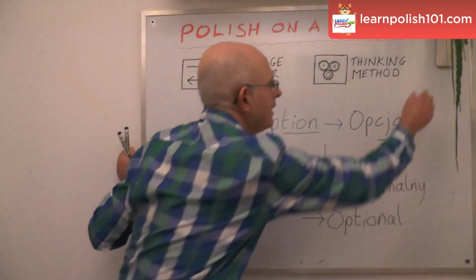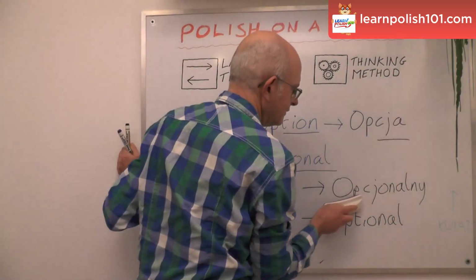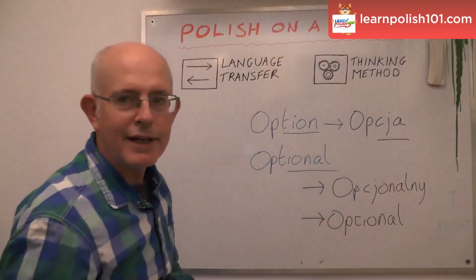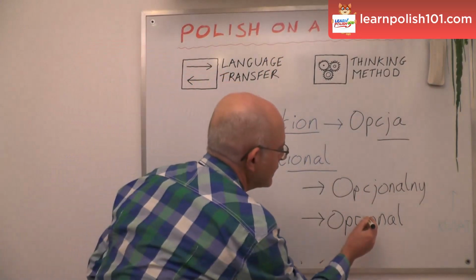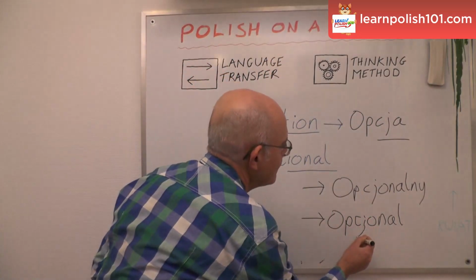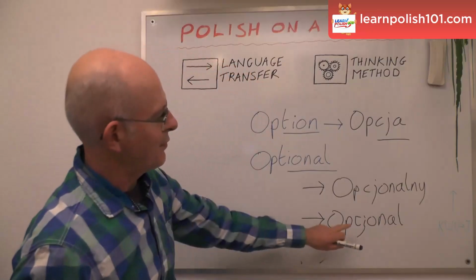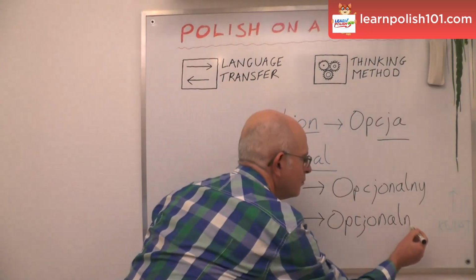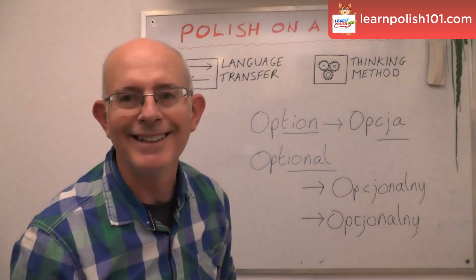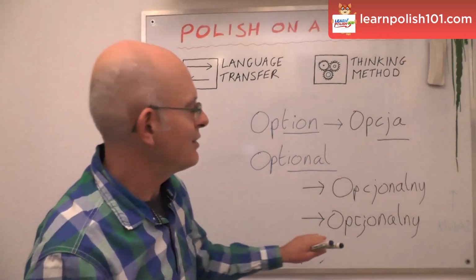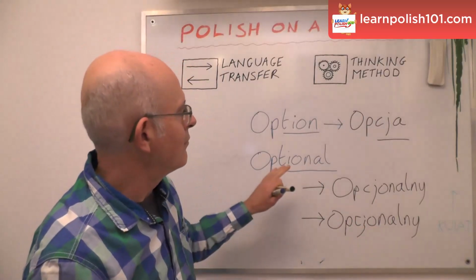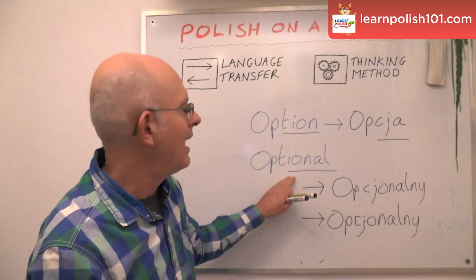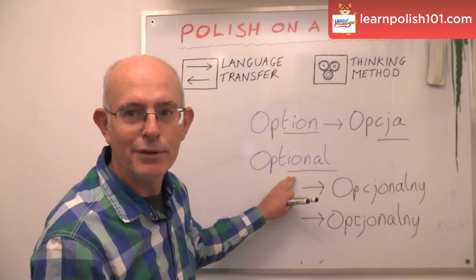If we take the T and we knock the top off it, we get a C. And if we take the I and make it into a J, we've got our same "optional", ends in AL, pop an NY on the end. Either of those. So it's a bit of a longer rule, but again, we've got probably hundreds of words in English which are -tional, and this rule gives you almost all of them.